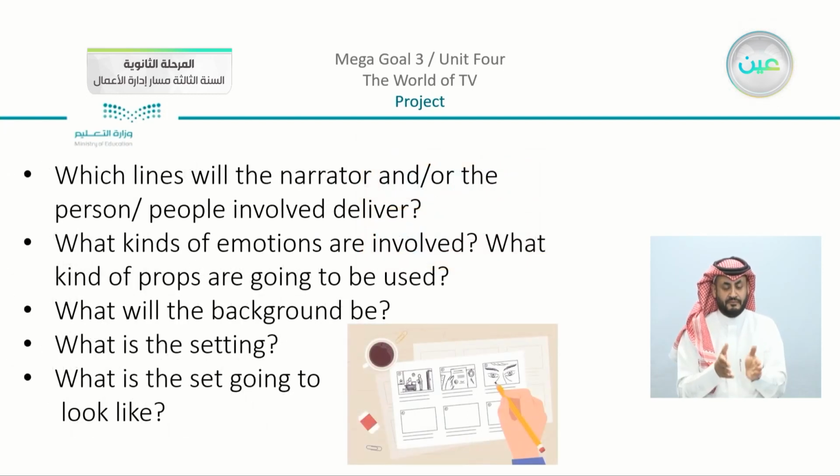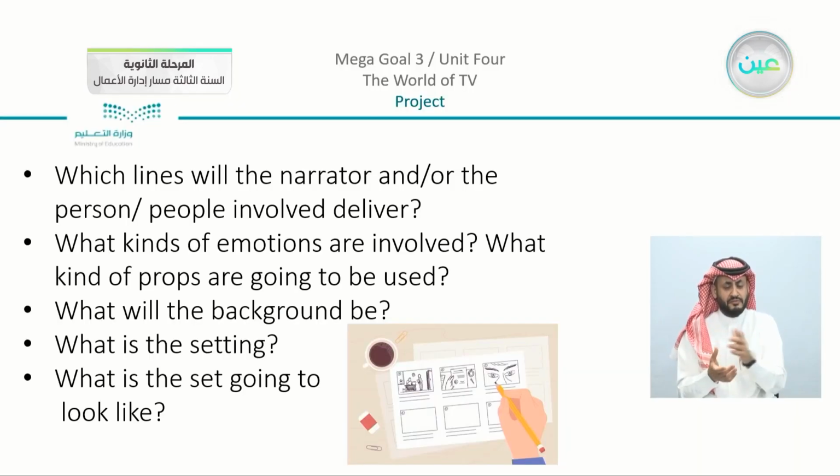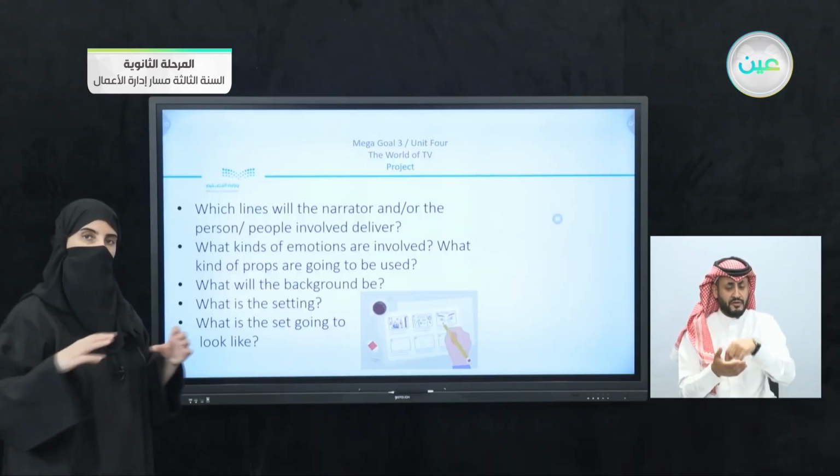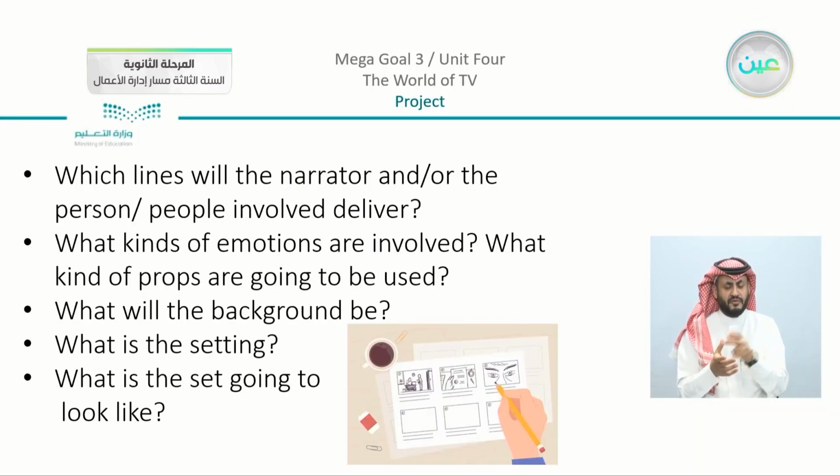Completing the questions that we have in mind. Which lines will the narrator or the people involved deliver? Now you are the people who are going to deliver. You are going to put in mind what are the lines that you are going to apply and write under each picture. What kinds of emotions are involved? What kind of props are going to be used?